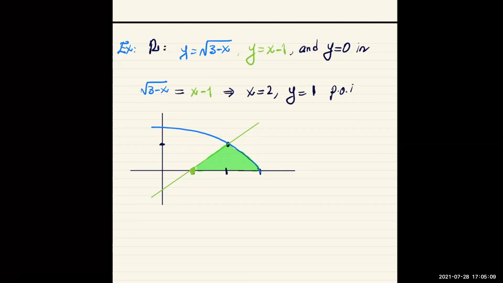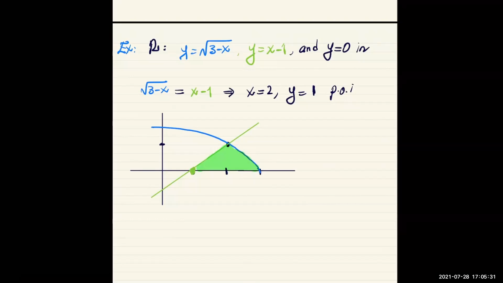Just keep that in mind. Integration with respect to x would be kind of complicated because of the inconsistency. See, this is your dx. Not all strips are consistent.